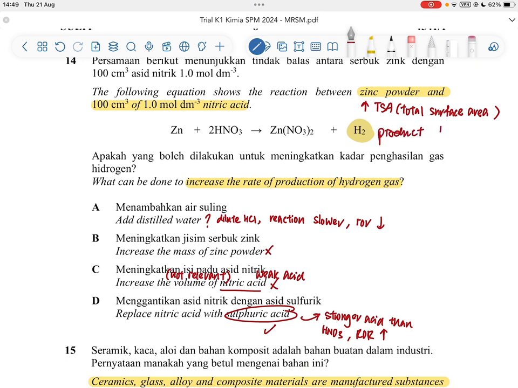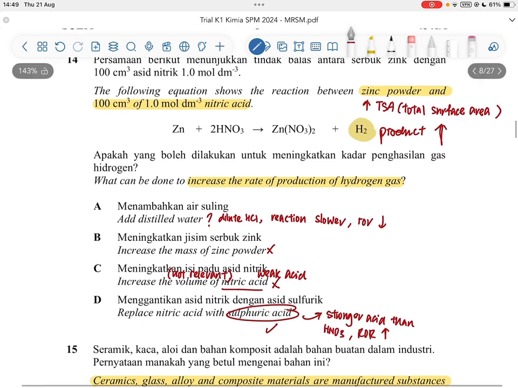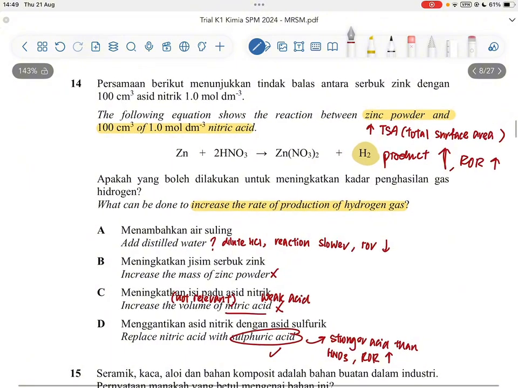It asks you to increase the production of hydrogen gas, meaning that the rate of reaction must be increased also. Since zinc powder is used already, we cannot do anything on the zinc powder, unless it gave you a zinc plate; when we use zinc powder, the rate of reaction will increase.